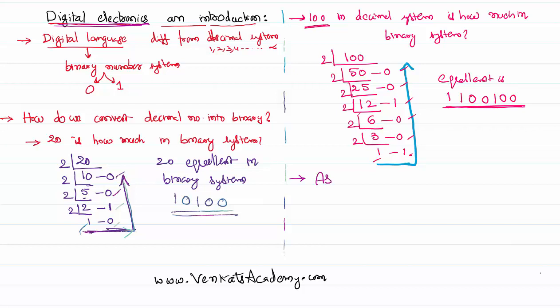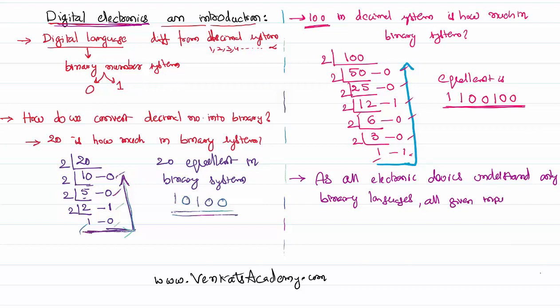Therefore, as all electronic devices understand only binary language, all the inputs that you give via keyboard, mouse, whatever you do, given in other forms need to be converted into binary systems.